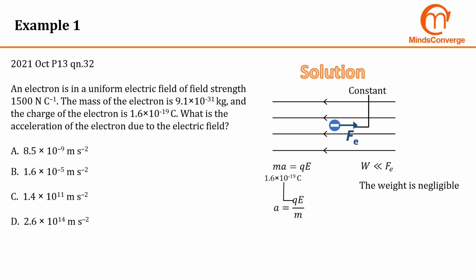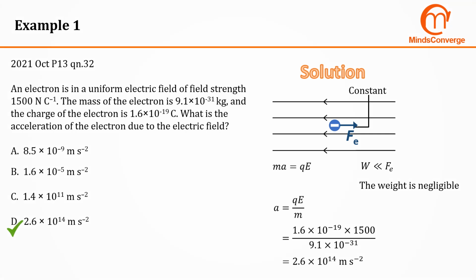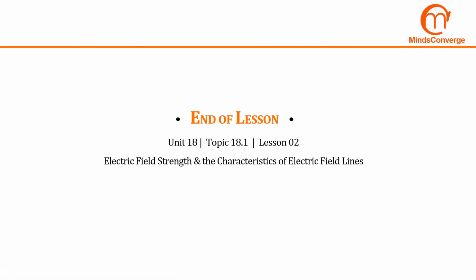The electric field strength is 1,500 Newton per coulomb. The mass of the electron is 9.1 times 10 to the power of negative 31 kilograms. Substitute the values into the equation to calculate the value of the acceleration, which is 2.6 times 10 to the power of 14 meters per second square. Hence, option D is correct. We have come to the end of this lesson.